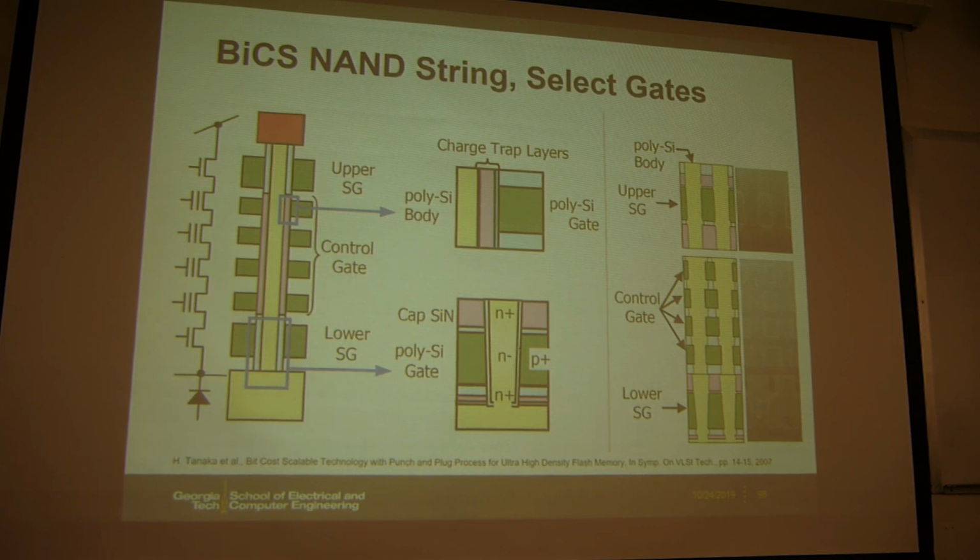The other thing is that the channel is probably a polysilicon channel, because when you make this channel vertically, you cannot have the single crystalline silicon from the substrate. So this channel you refill later with polysilicon.